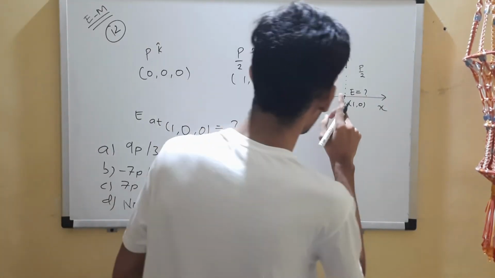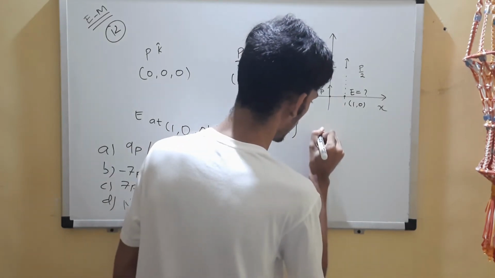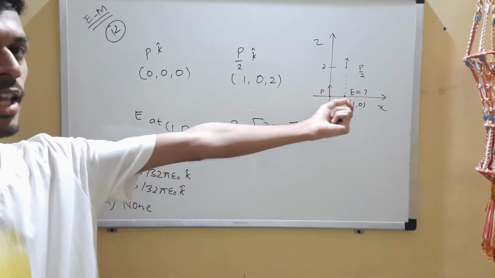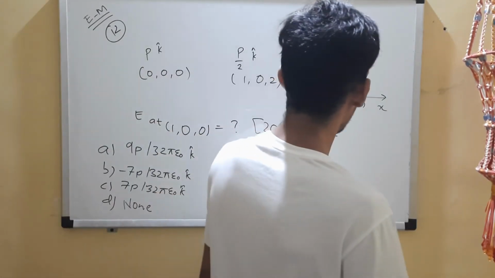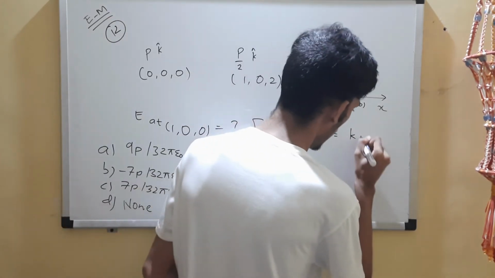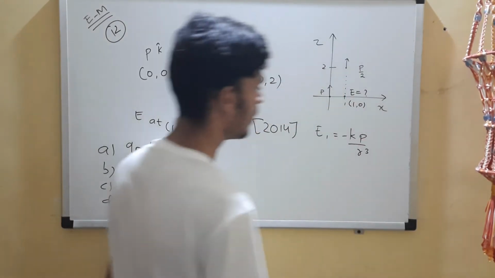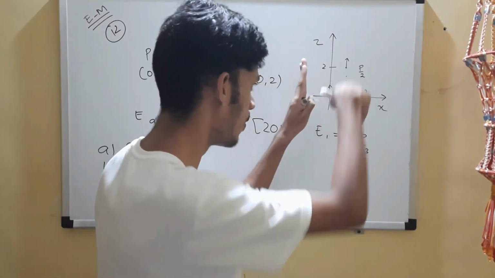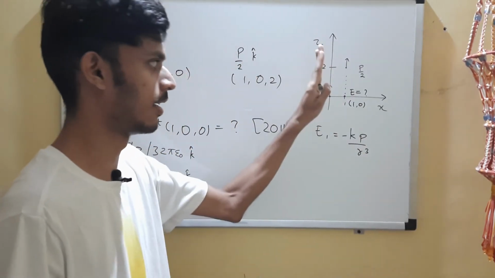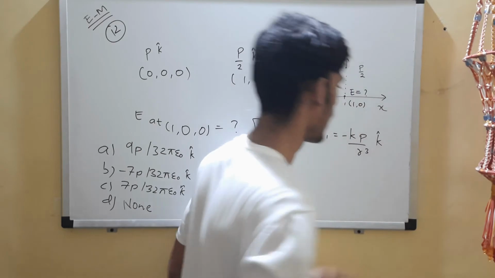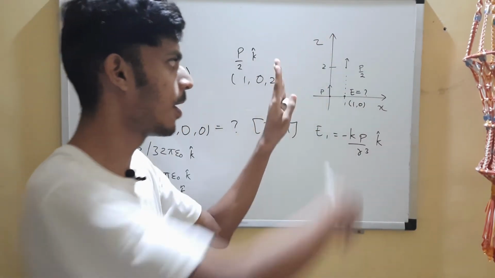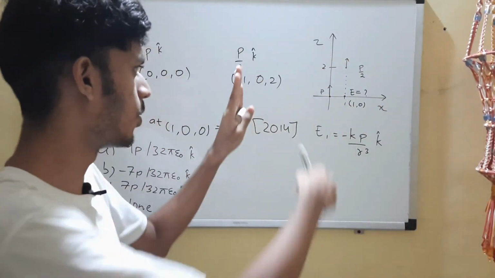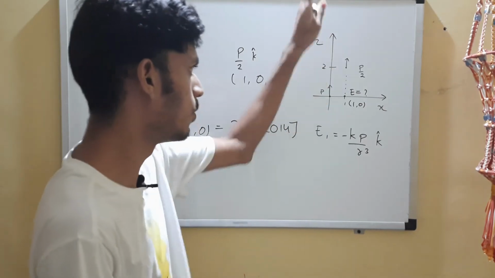So let's consider the electric field due to this dipole. Electric field E1, we'll call it. This is an equatorial point, right? And the field at an equatorial point is kp by r cube. The direction of the electric field due to this dipole will be opposite to the dipole moment, along minus k cap, because the dipole moment is along k cap.